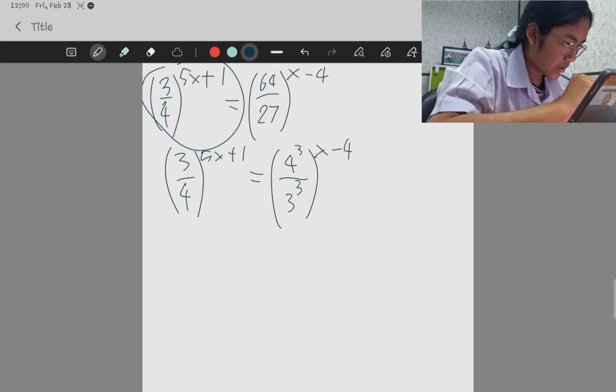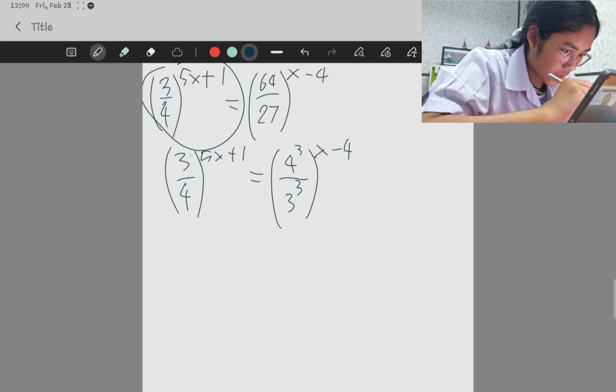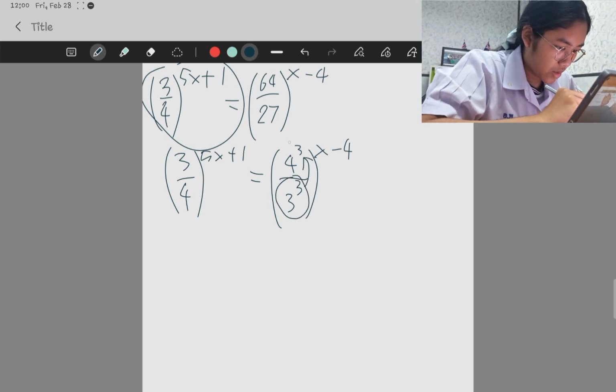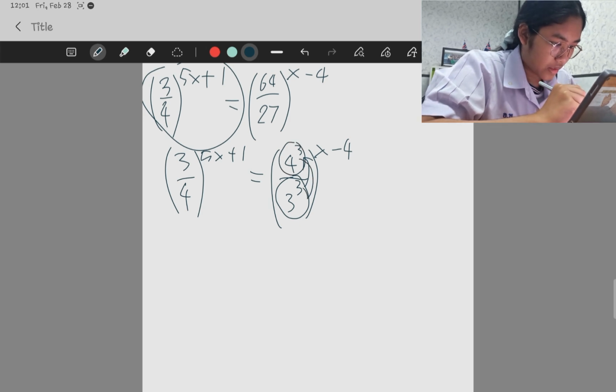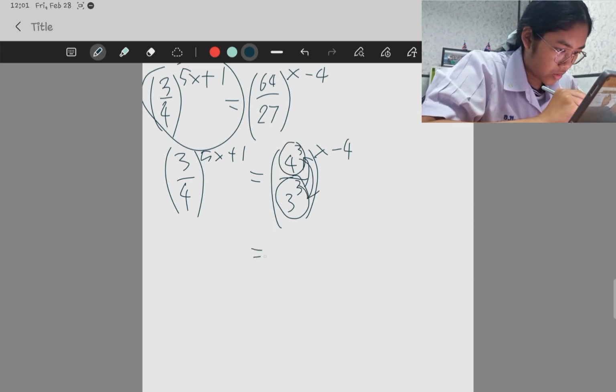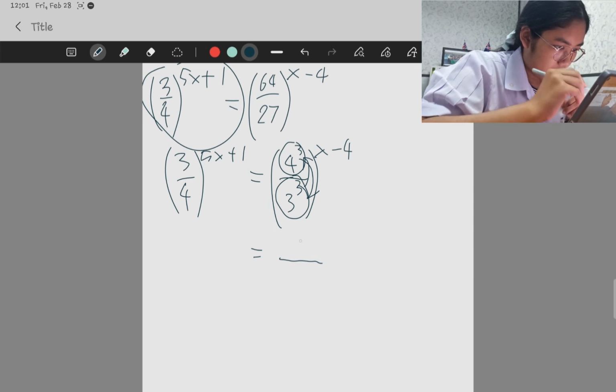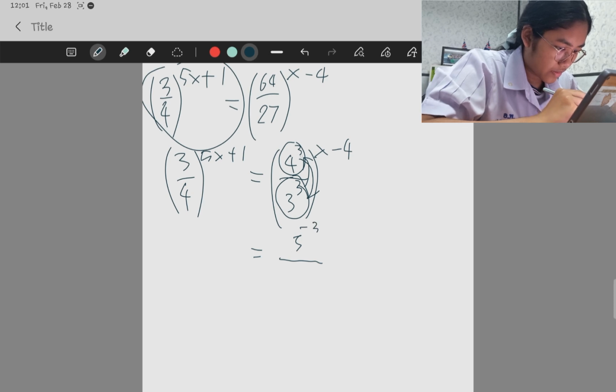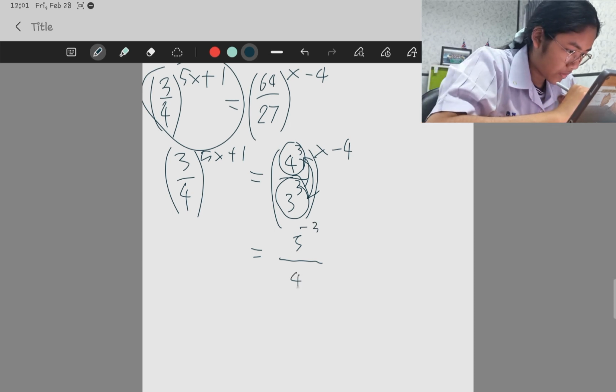Okay, and then we switch them because this one looks almost like the same base, so we move to 3 to the power of 3, and then move 4 to the power of 3 below. When you move it, it becomes 3 to the power of negative 3, and 4 to the power of negative 3 also.